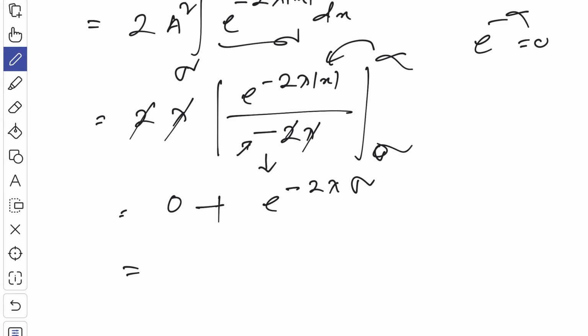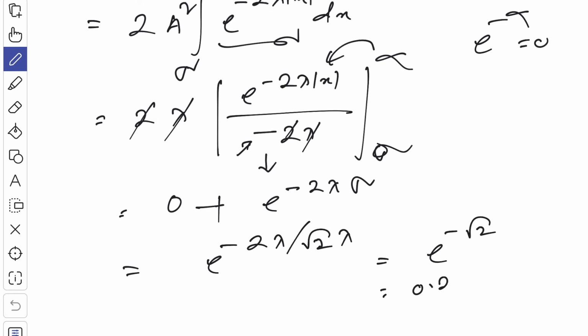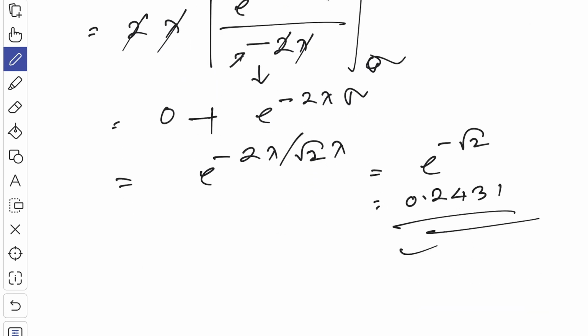Then it will be e to the power minus 2 lambda, and sigma is nothing but 1 by root 2 into lambda. If you cancel this, then you will get e to the power minus root 2, and that is approximately equal to 0.2431. So that's how we can solve this.